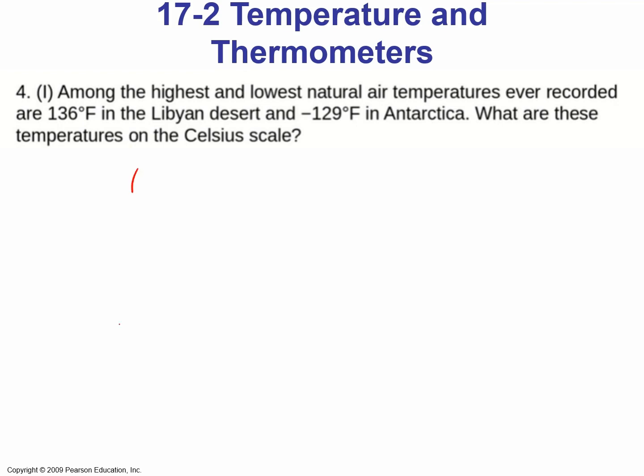And we know from the book that the equation for the temperature in degrees Celsius is 5/9 multiplied by the temperature in degrees Fahrenheit minus 32. So we plug in these numbers for the high temperature.